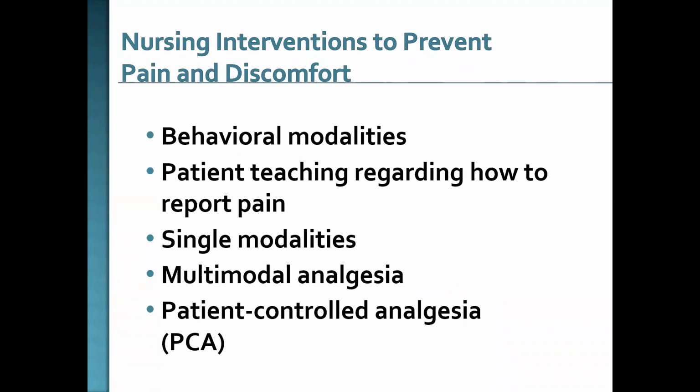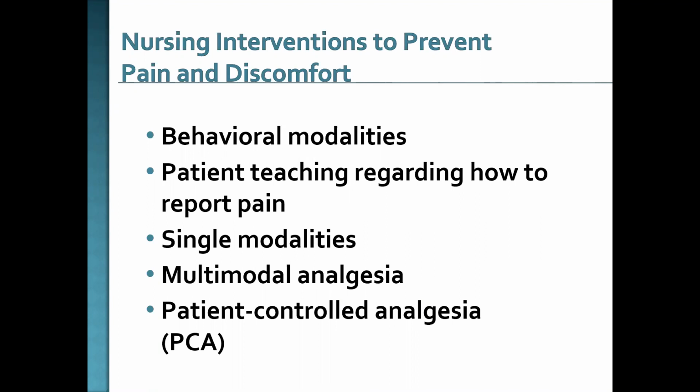Multimodal analgesia, or the use of 2 or more analgesics given by various routes with different mechanisms of action, such as opioids and nonsteroidal anti-inflammatories or NSAIDs, is recommended when possible to achieve better pain relief with fewer or less severe side effects. IV opioids provide the most rapid relief from pain, whereas NSAIDs decrease inflammation and pain.